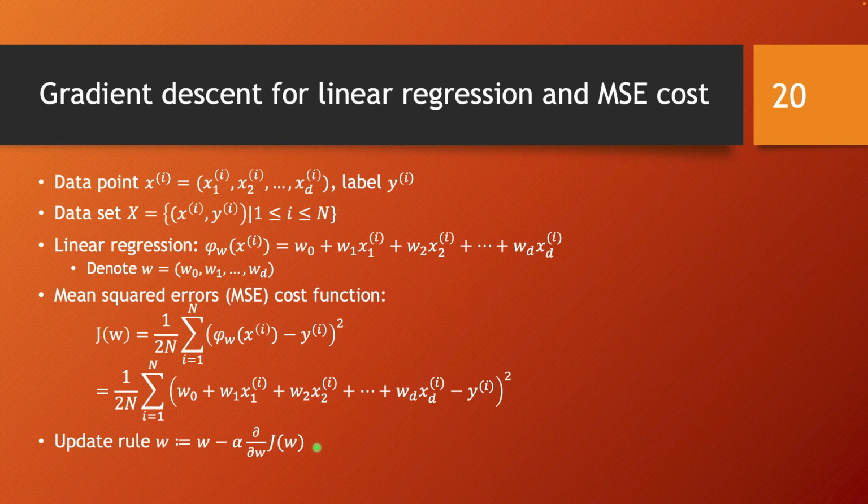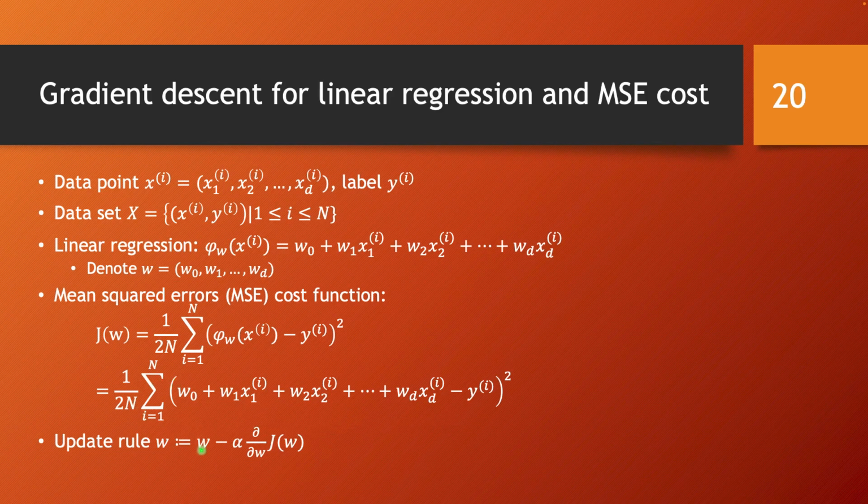And so gradient descent tells us that you should update your parameter values, starting from the initial choice, according to this rule: w minus alpha times this partial derivative. What I want to do on this slide is show you what these partial derivatives are, and I can easily do this because I have a very simple form for the cost function.